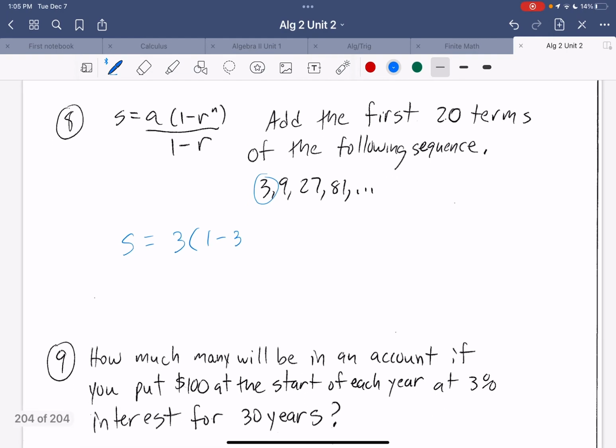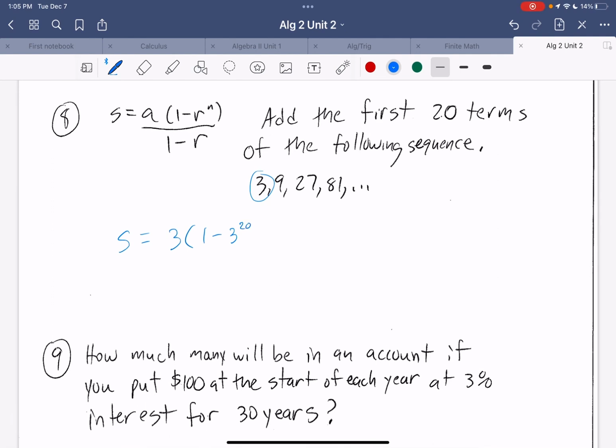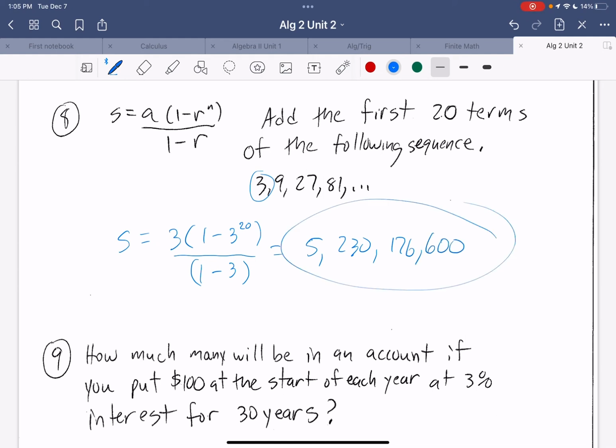And then we're doing that 20 times, so 20 again. I didn't mean to do the 20th exponent 2 times in a row, and then 1 minus 3. Okay, type this into the calculator, and you get 5,230,176,600.